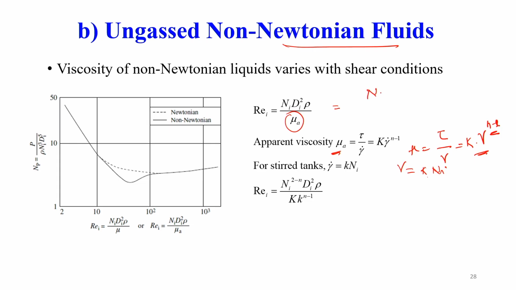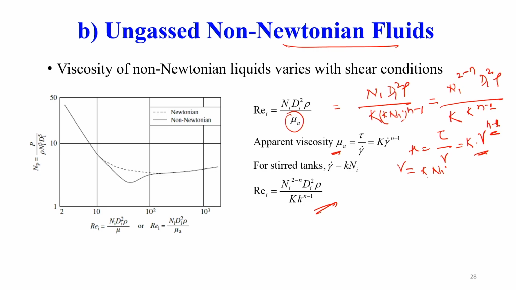It becomes Ni Di square rho, and mu apparent will be defined as capital K, and this shear rate is replaced by small k Ni to the power n minus 1, and if we rearrange it, Ni will go up, so this will be Ni to the power 2 minus n Di square rho upon capital K small k to the power n minus 1. So in this way we calculate the modified Reynolds number.